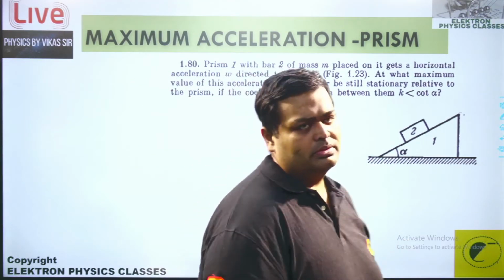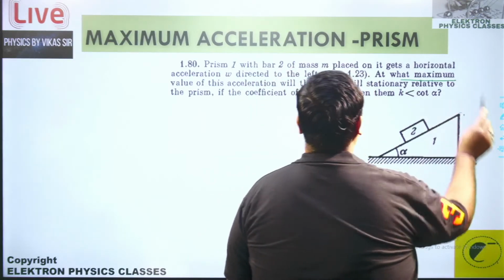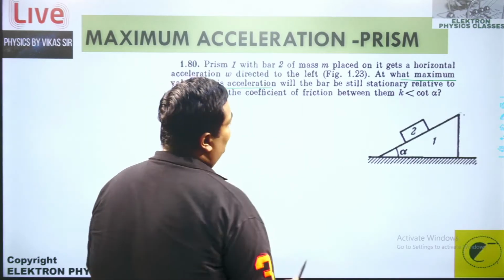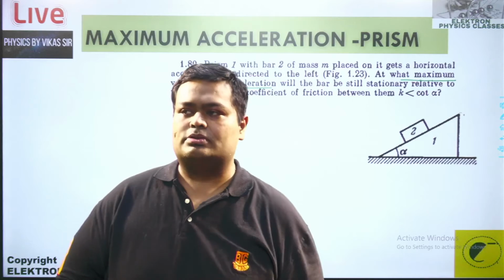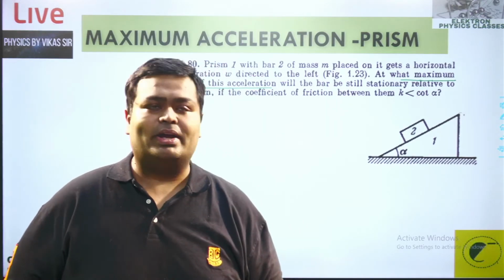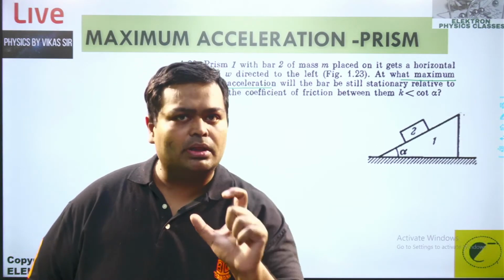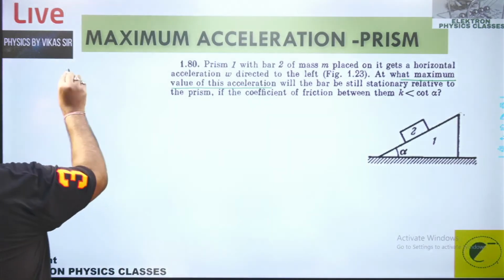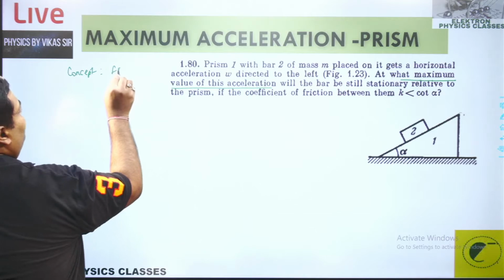And the language is: at what maximum value of the acceleration will the block still be stationary? When this language arises, we have to be careful while justifying the direction of the friction. So that will be an additional concept to the question. The previous concepts remain the same: concept number 1 will be to construct the free body.